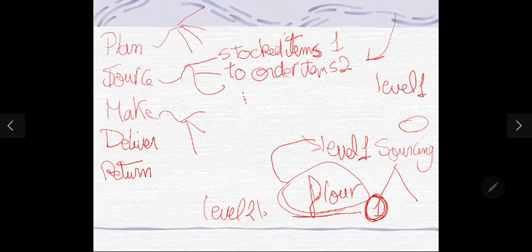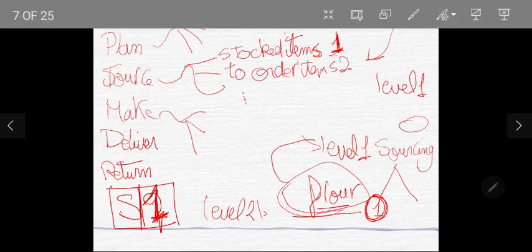And then when we're buying flour, which is level 2, it's written S1. The meaning of S1 here: S means sourcing, 1 is sourcing stocked item. That's number 1 here.